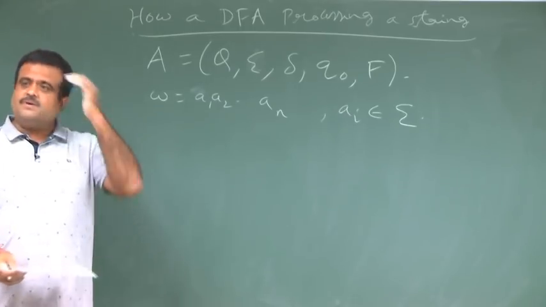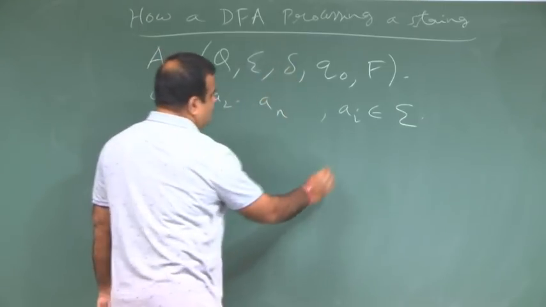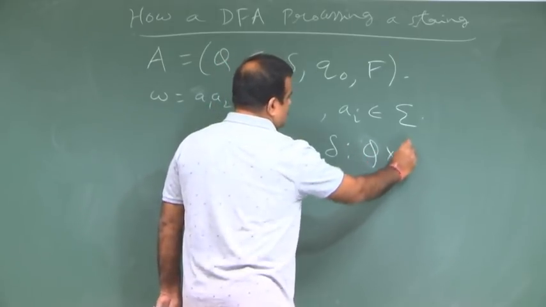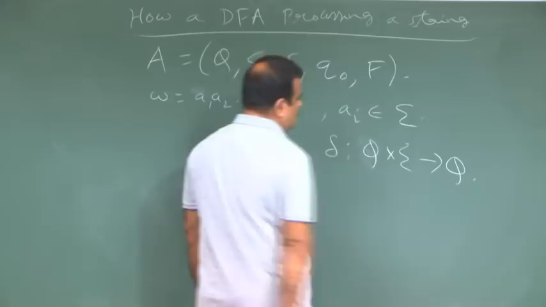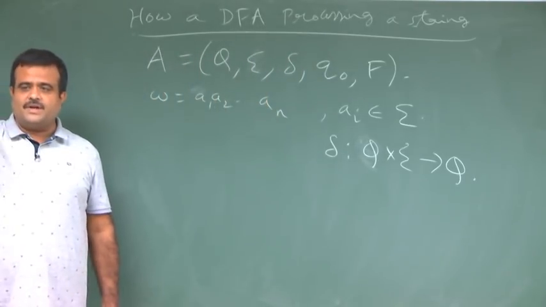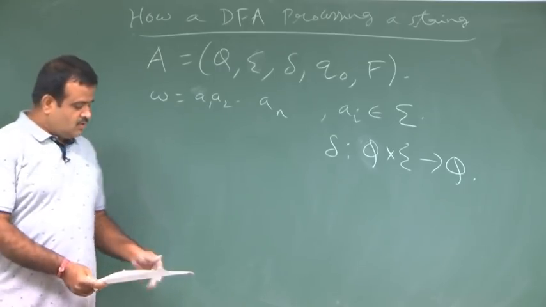We know this delta is defined to be a rule: we are in the current state, we take an input alphabet symbol, and it moves to the next state.